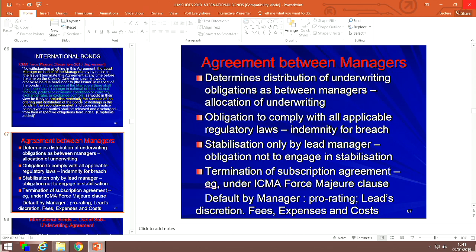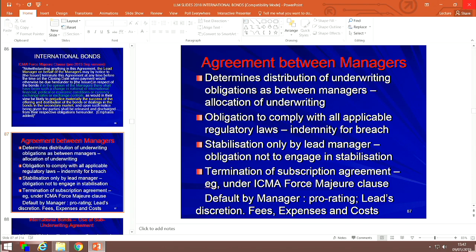Next, it deals with default by any one of the managers. This is not about failing to comply with the regulatory law, but failing to comply with the obligations in the subscription agreement, in particular, if on closing date, one of the underwriters fails to take up and pay for unsold bonds in accordance with the allocations contained in the agreement between managers.